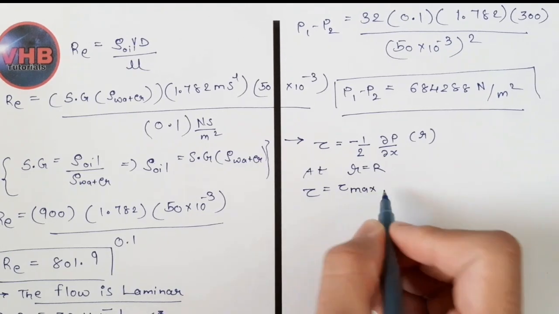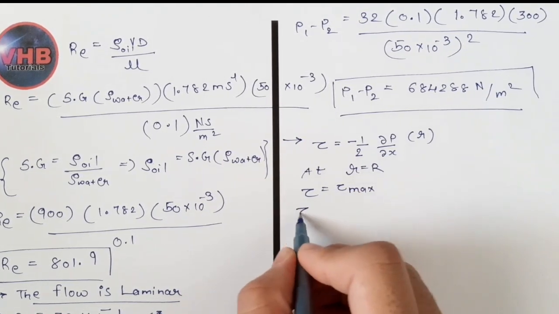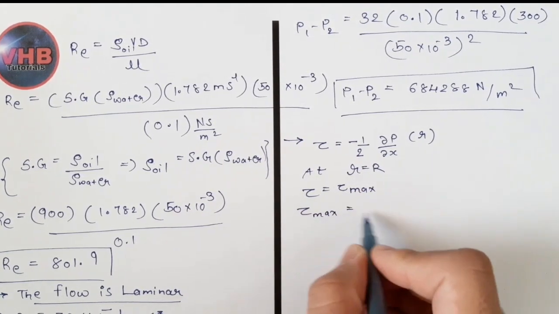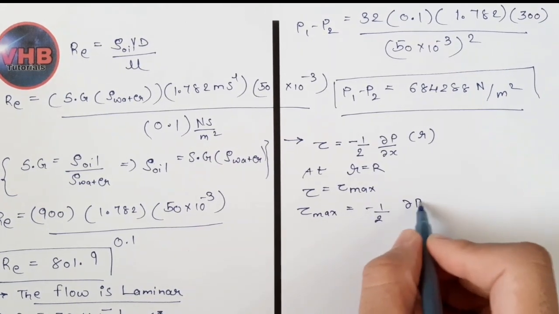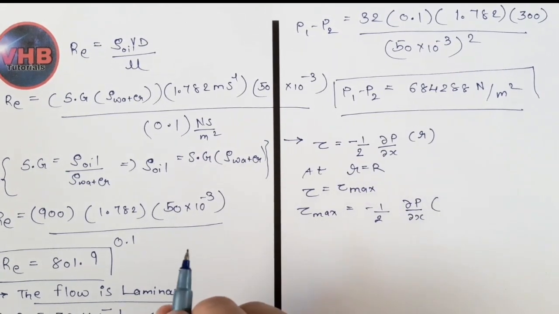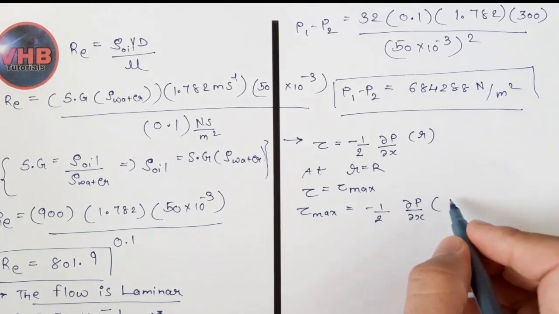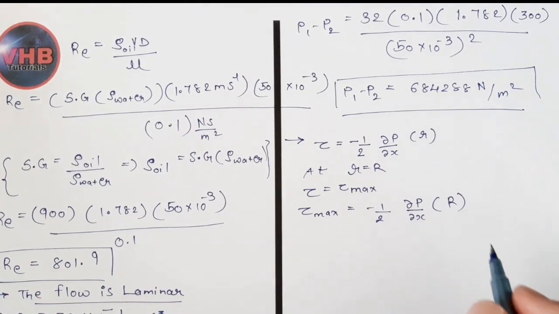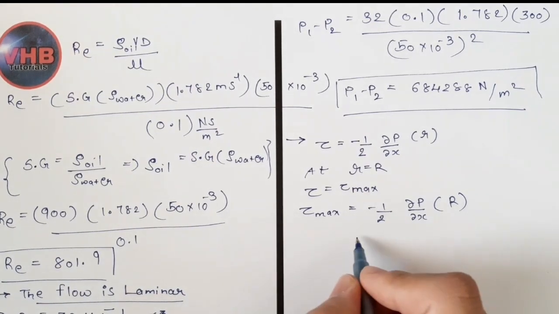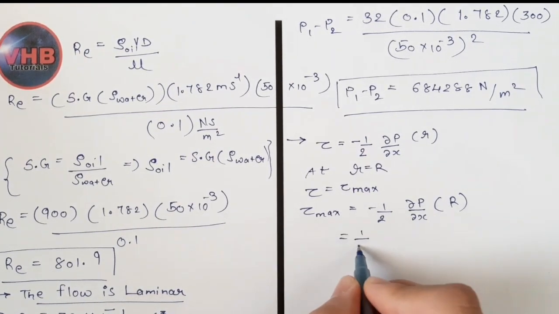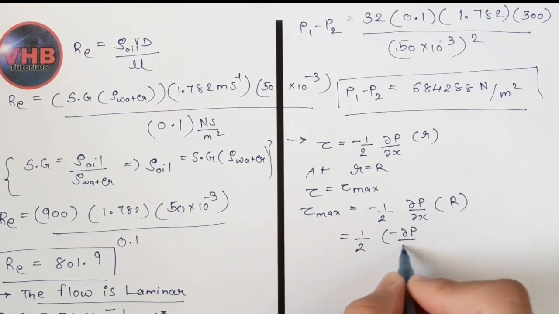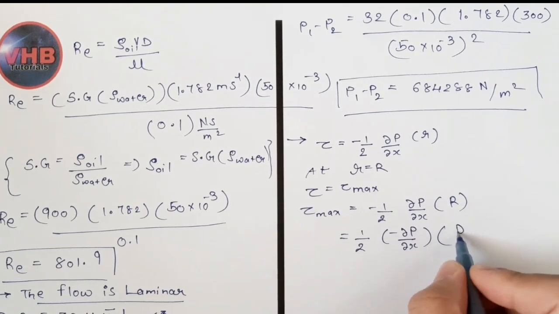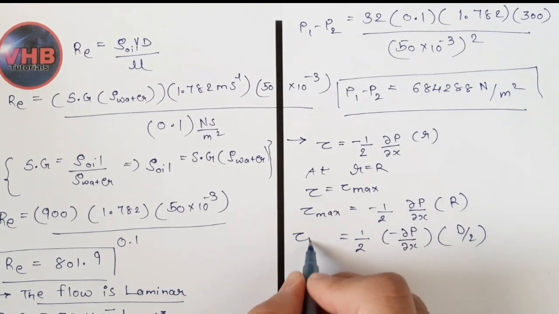At the wall of the pipe the shear stress becomes maximum. So tau max equals 1 by 2 into minus del P by del X into R. Capital R will be D by 2.